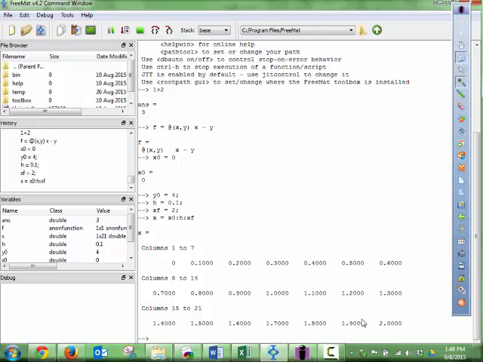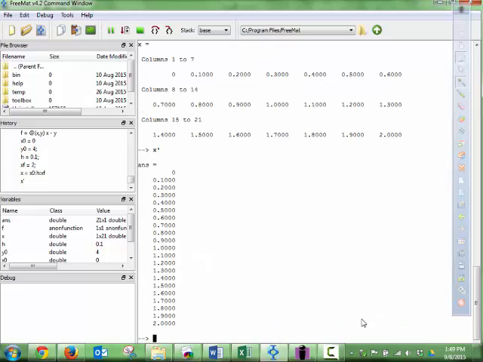So that's my x list. And you can see this a little bit better if it was vertically listed, right? Because right now this is a long lengthwise vector. But if we see it vertically listed, this kind of looks like my output for my Excel file.